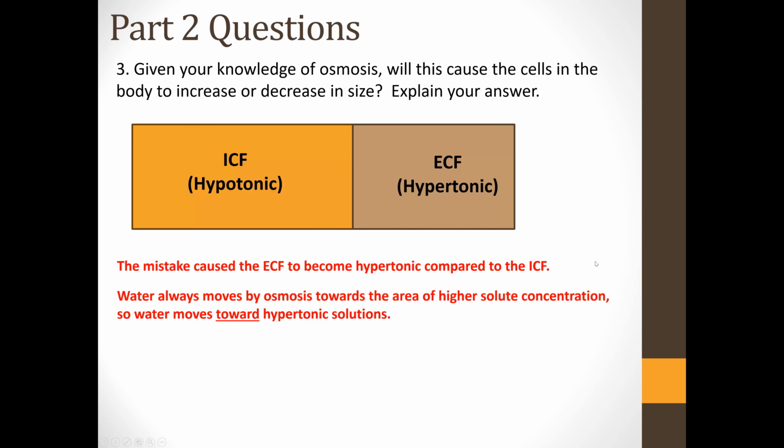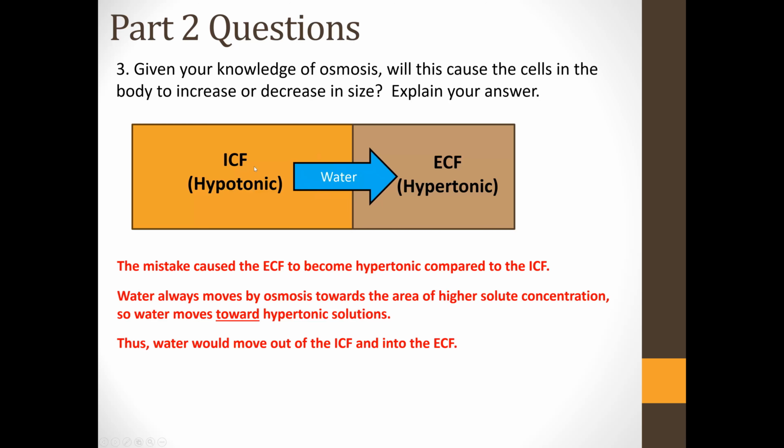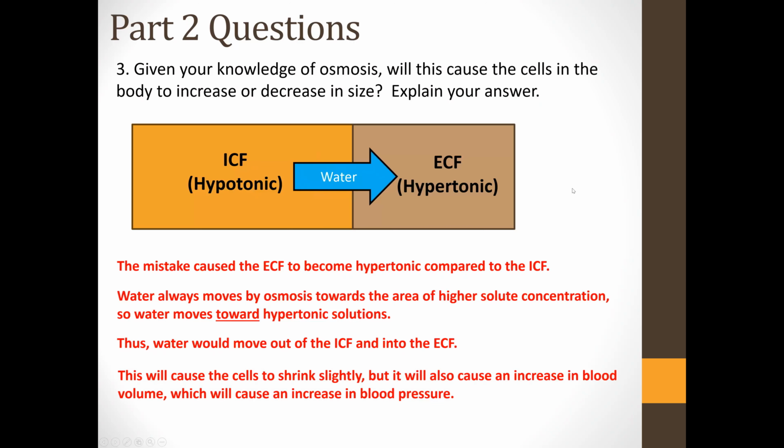Water always moves by osmosis towards the area of higher solute concentration, so water moves towards a hypertonic solution. Thus, water would move out of the ICF and into the ECF to correct this balance. So we would have movement out of the cells and into the ECF. This will cause the cells to shrink slightly, but probably even more important, it would also cause an increase in blood volume, which would cause an increase in blood pressure.